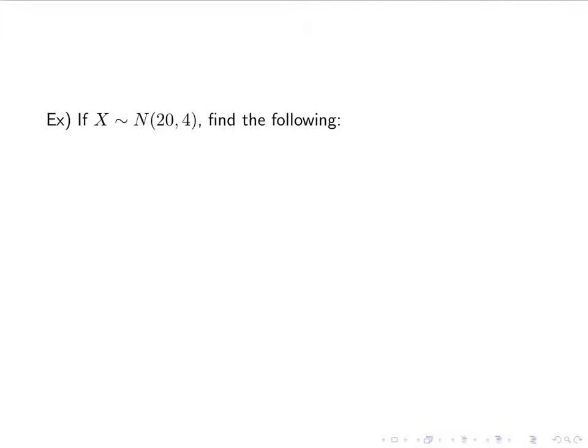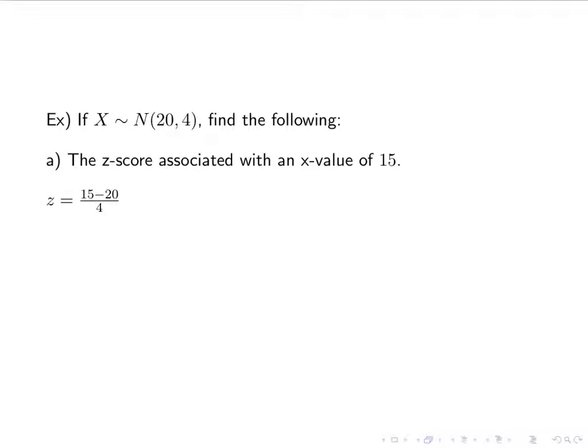And then as our last couple examples, we're going to suppose that x is normally distributed with a mean of 20 and a standard deviation of 4. Find the following. A, the z-score associated with an x value of 15. So if I want to find the z-score, I'm going to be using that equation that we had before. So z equals x, 15, minus mu, 20, over sigma, 4.